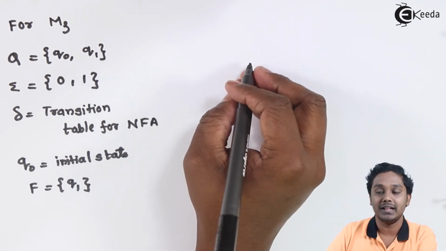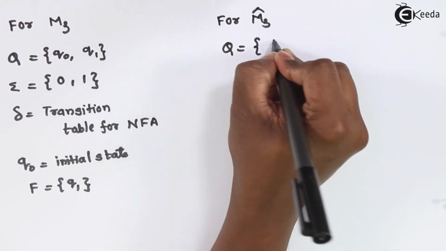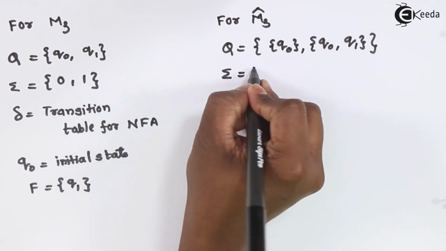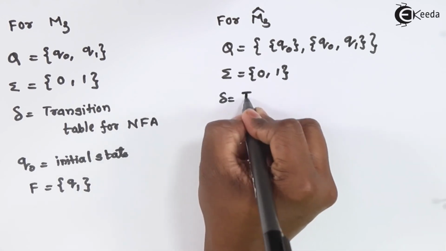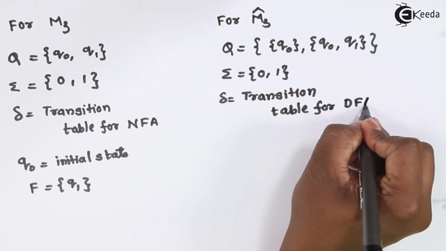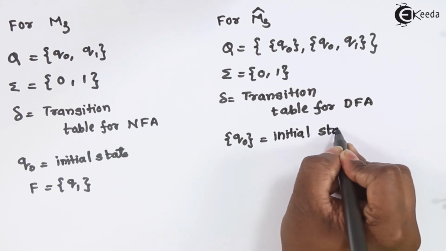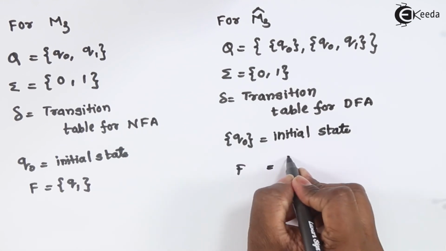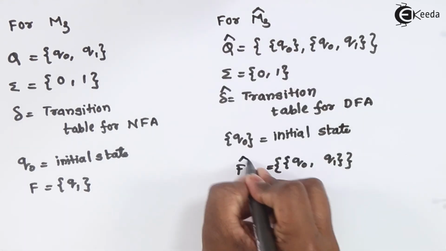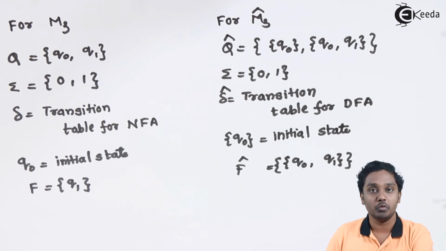Similarly, for the machine M3 cap, Q cap will contain the states Q0 and Q0, Q1.